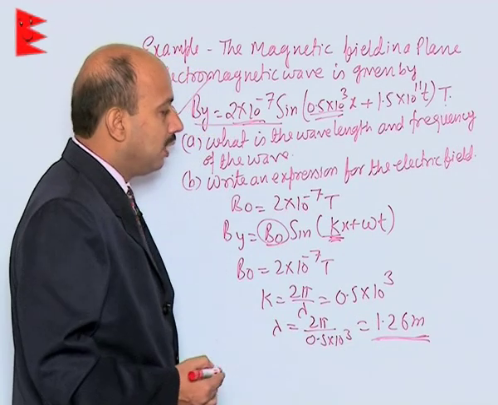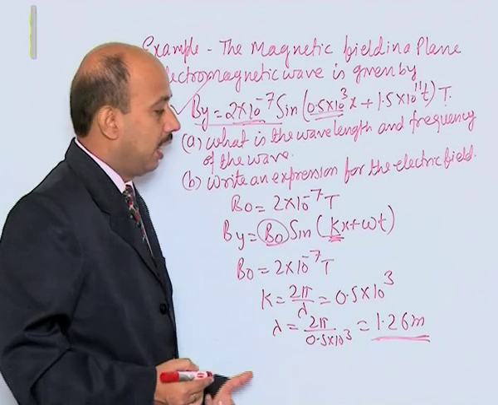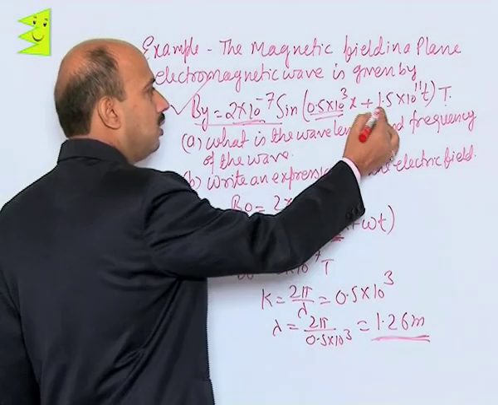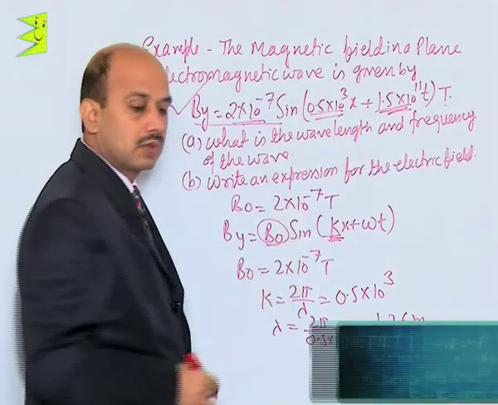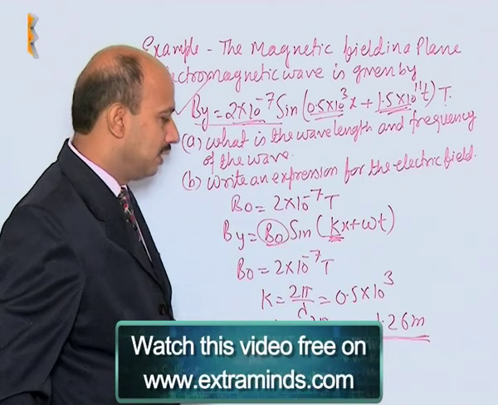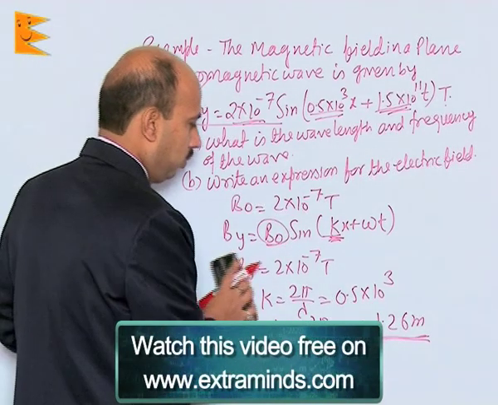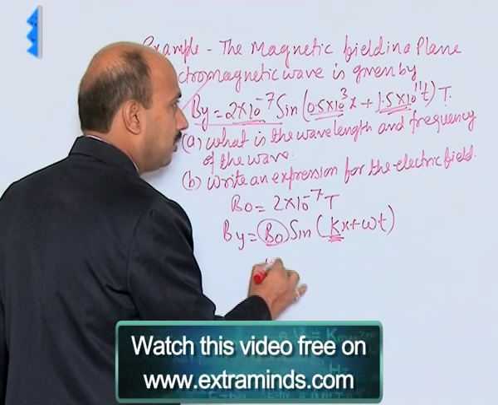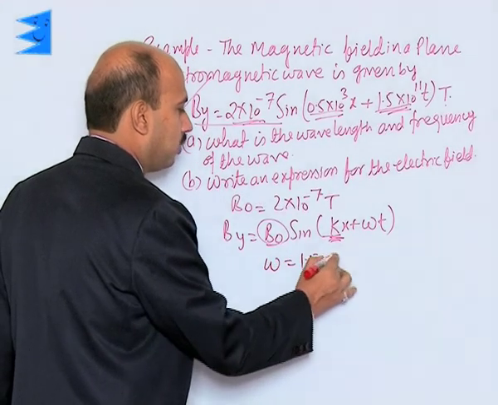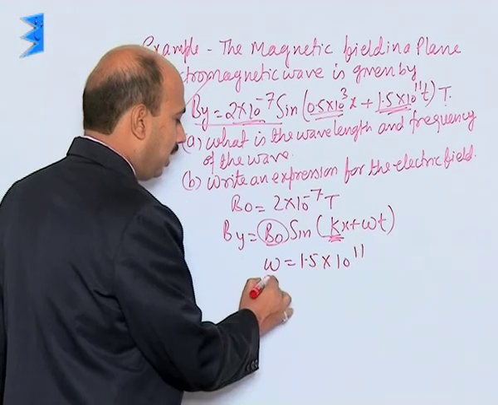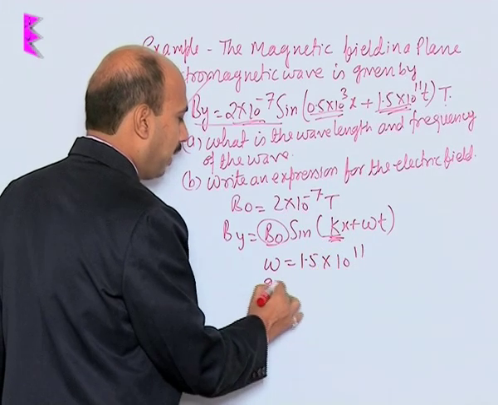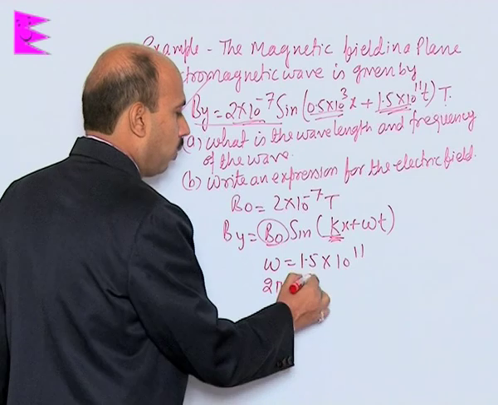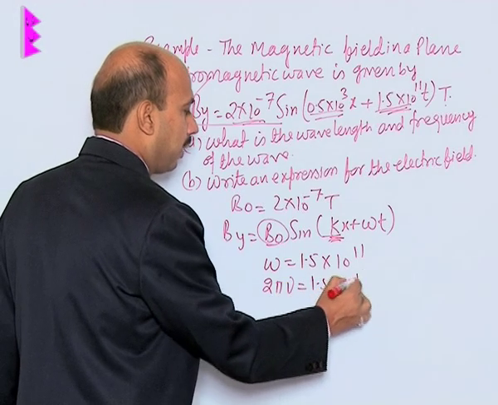Now, we can also calculate the frequency. Here we have got the value of omega. So, omega is equal to 1.5 into 10 raised to power 11, and omega can be written as 2 pi nu, which is equal to 1.5 into 10 raised to power 11.